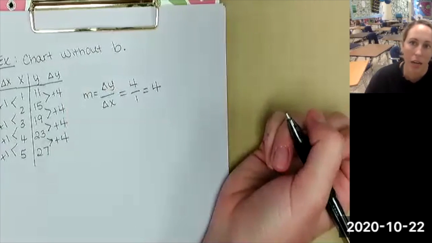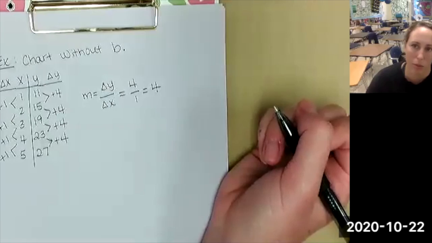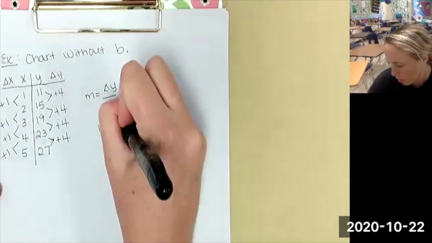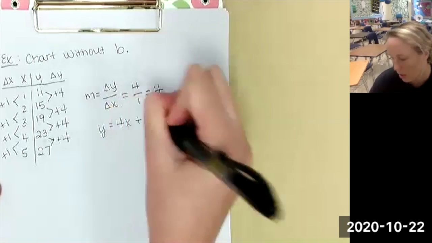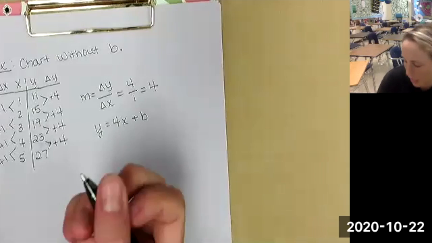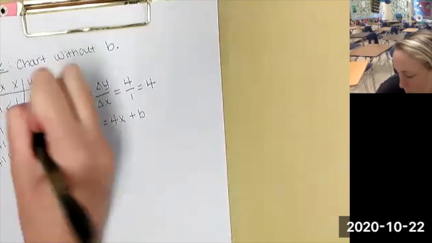So now we need to put it into slope-intercept form, but we're missing our b. So we've got y equals 4x plus b. Now, something that we haven't talked about that's a tool that we have is we have tons of x's and y's. So we can pick any point on this table, any point, and make it our x and y so that we can solve for b. And it's just so we can solve for b. Those aren't going to be in the actual slope-intercept form equation. So let's pick 3, 19. That one's kind of random.